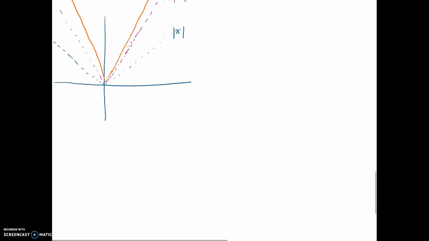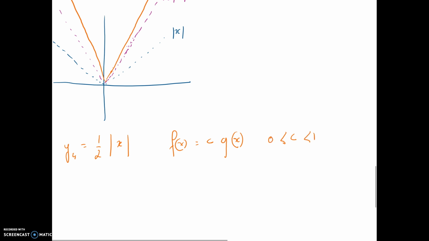So now let's add another example to this problem by trying to represent y4, which is going to be 1/2 of absolute value of x. That reminds me f of x equals c g of x, but this time c is in between 0 and 1. And that means that I'm supposed to have a vertical shrink.